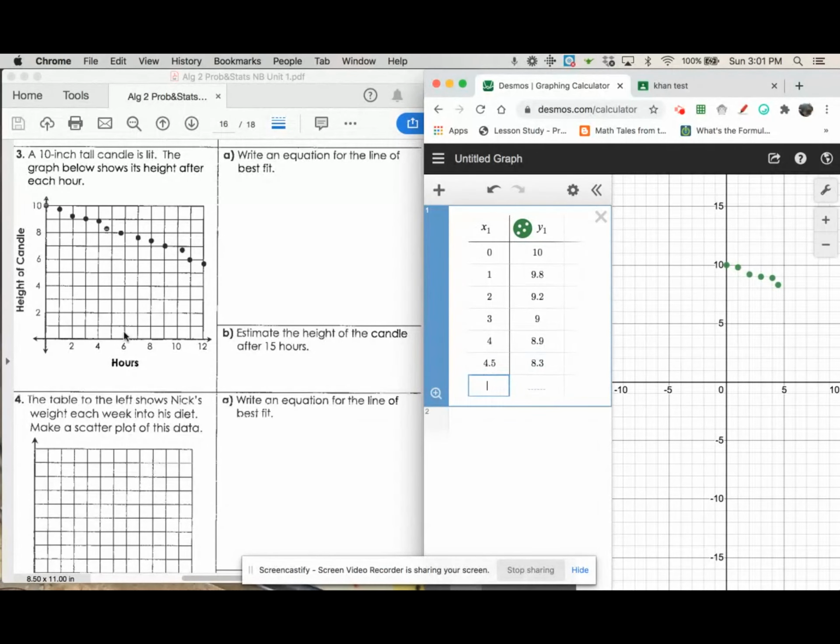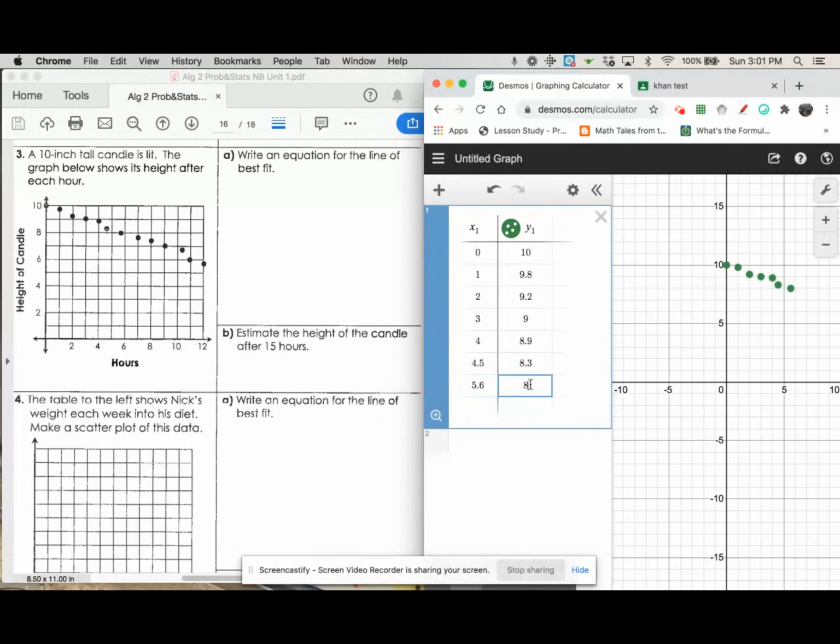Then I get here, and this one was taken between 5 and 6, I'm going to say 5.6 hours, but it's right at 8 inches. So 5.6 hours, right at 8. And then my next one is right on the 8-hour mark, and it's between 7 and 8, closer to 8.